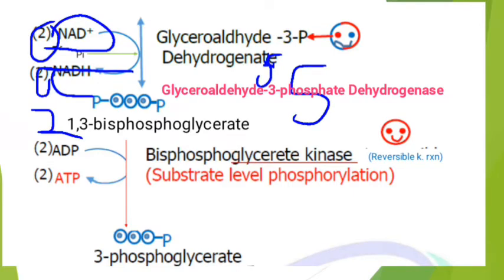Good. So 1,3-bisphosphoglycerate. Once that is formed, a kinase enzyme comes in. But note, this step is extremely paramount. Recall that I said kinase reactions are irreversible. Irreversibility of kinase reactions is dependent on the pathway following the reversibility. What do I mean? Kinase reactions cannot be reversed following the same pathway.